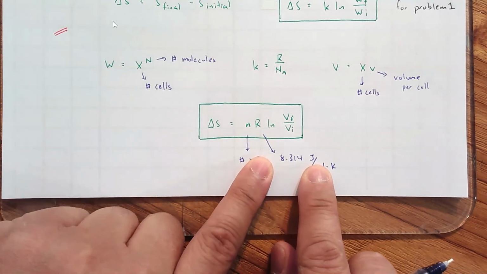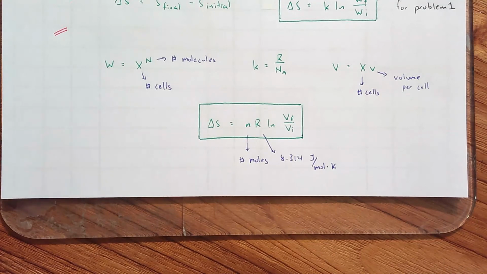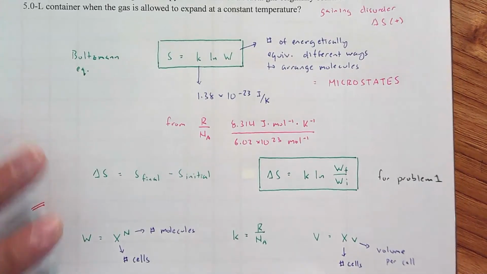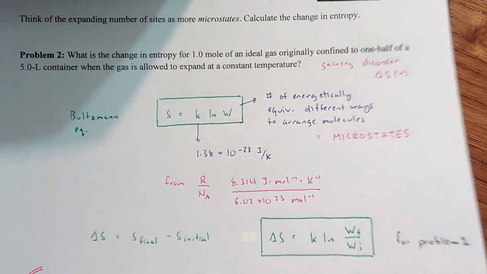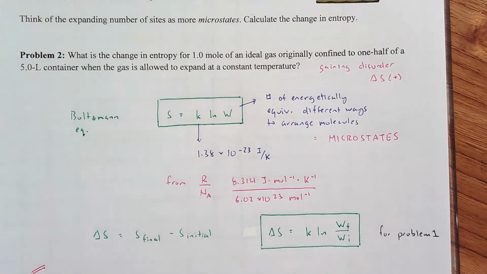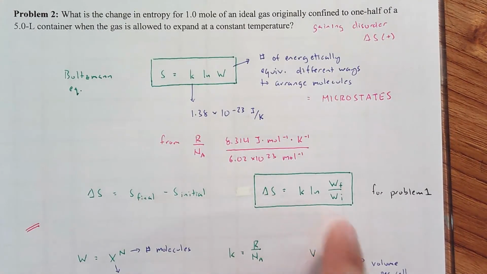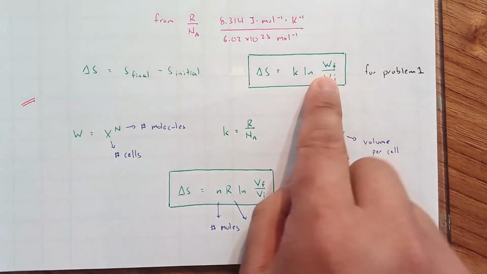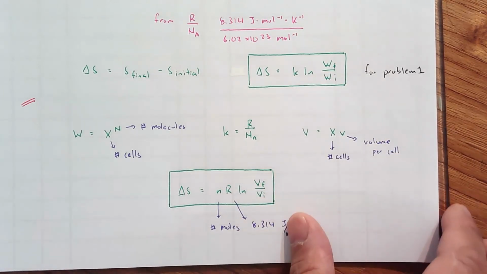So we're also left with joules per K. Okay, very simple. The derivation could be a little bit tricky, but I don't expect my students to do the derivation. It's just plug and play now, understanding which of these two types of Boltzmann equations you want. One works with microstates, the other one works with volumes.